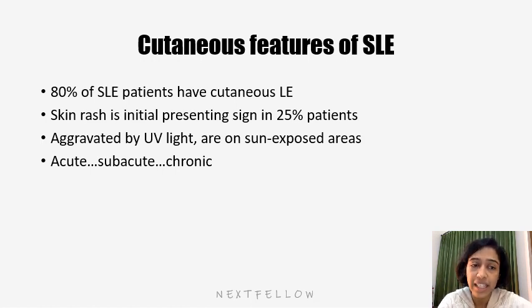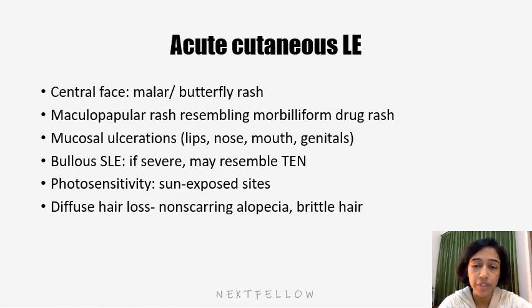So SLE, to simplify it, we will classify them into acute, subacute, and chronic cutaneous features, all right? So acute cutaneous features are the most severe types. So the typical one is the malar rash or the butterfly rash.